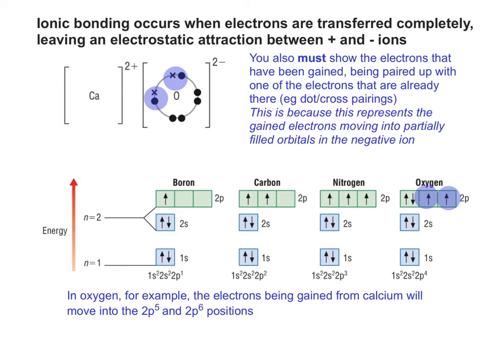And I've highlighted the 2 partially filled orbitals. So those 2 spaces are where the 2 electrons are gained from the calcium. So the oxide ion is going to be a 2p6 configuration, isn't it? So the electrons that fill 2p5 and 2p6 are going to be the 2 electrons that it's picked up from the calcium.